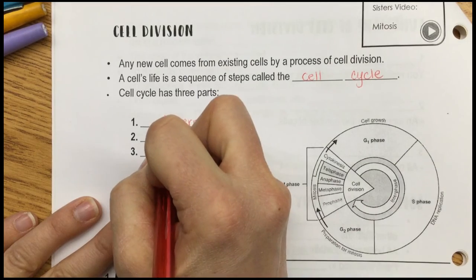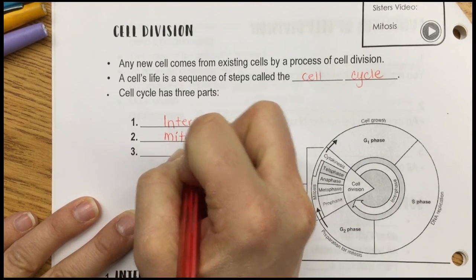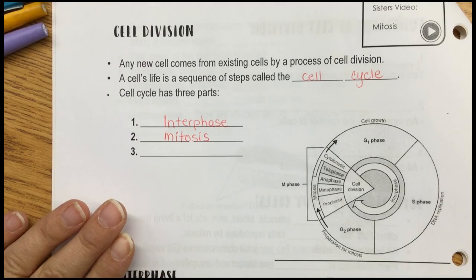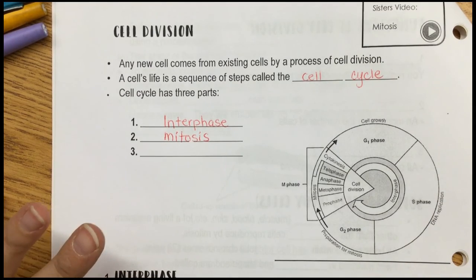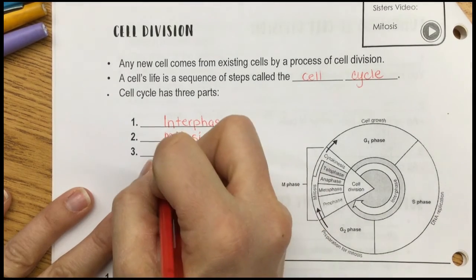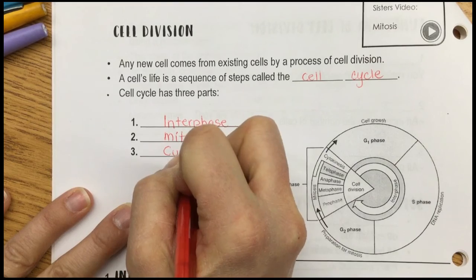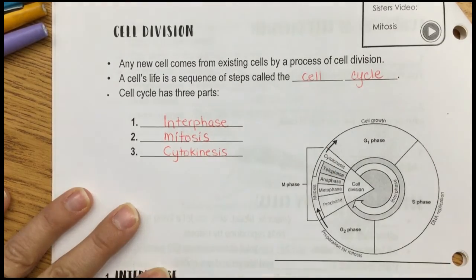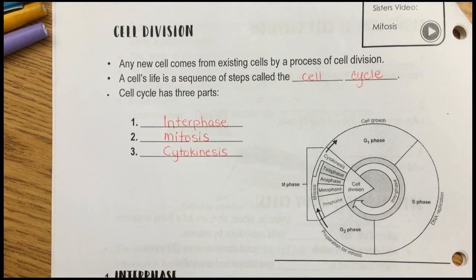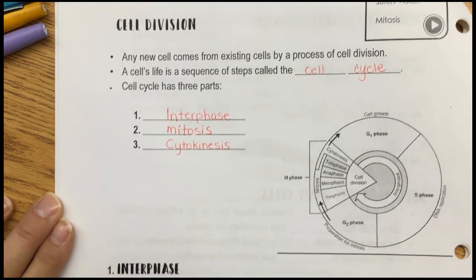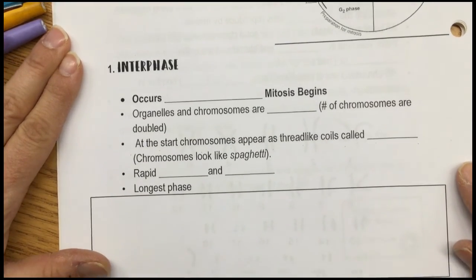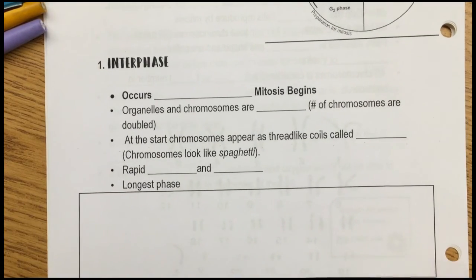Next comes mitosis, where we get ready to duplicate, and then we have cytokinesis, which is when the cell actually splits in 2. So the first stage is interphase.